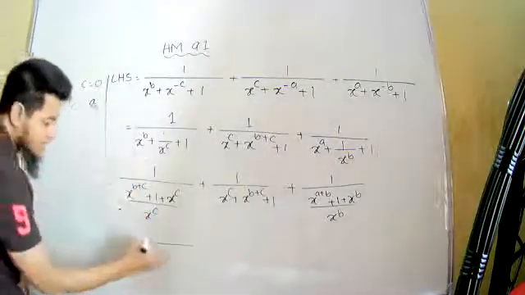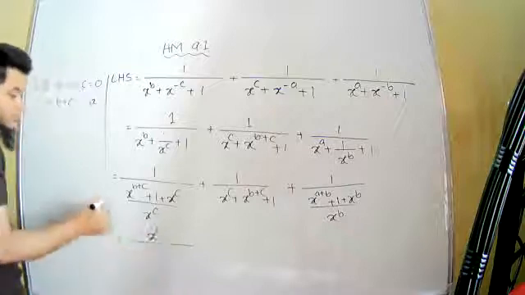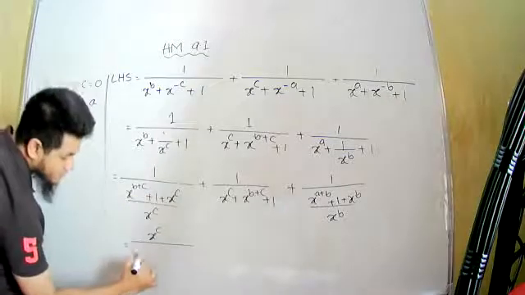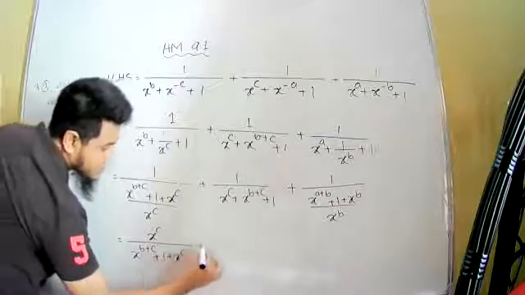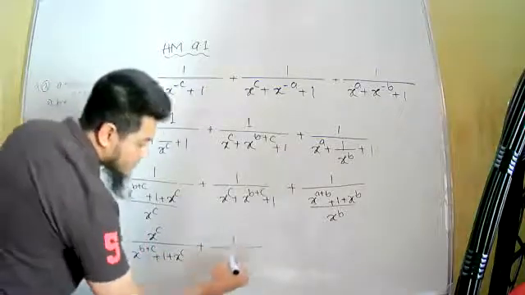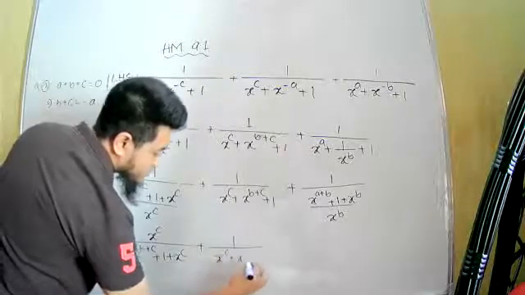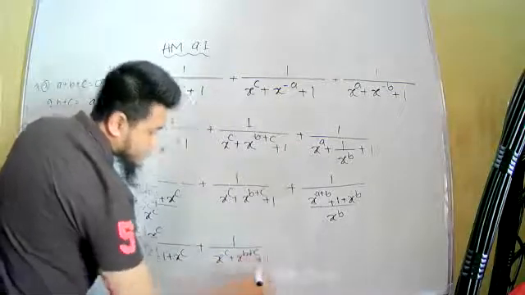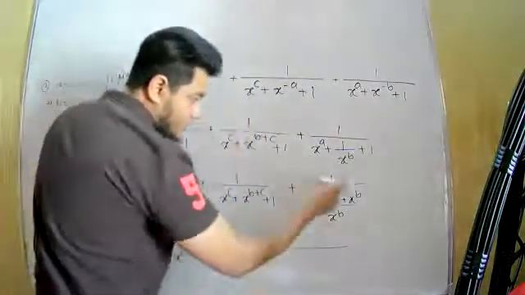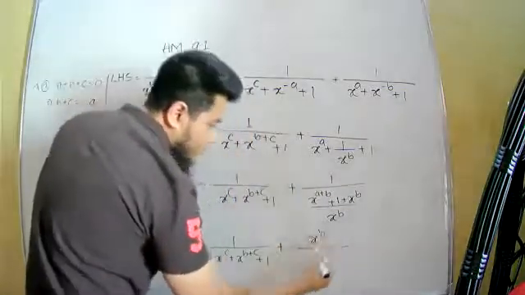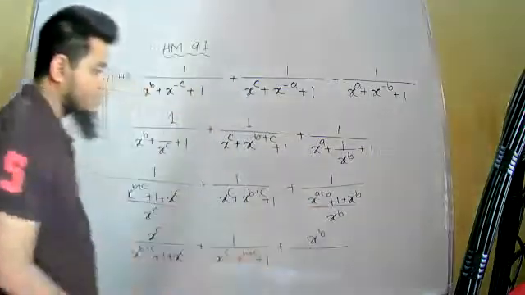Then if I invert it, it will be x to the power c in the numerator, and the denominator will be this one, x to the power b plus c plus 1 plus x to the power c, plus here it will be as it is, x to the power c plus b plus c plus 1. Then this one will become x to the power b as the numerator, then x to the power a plus b.